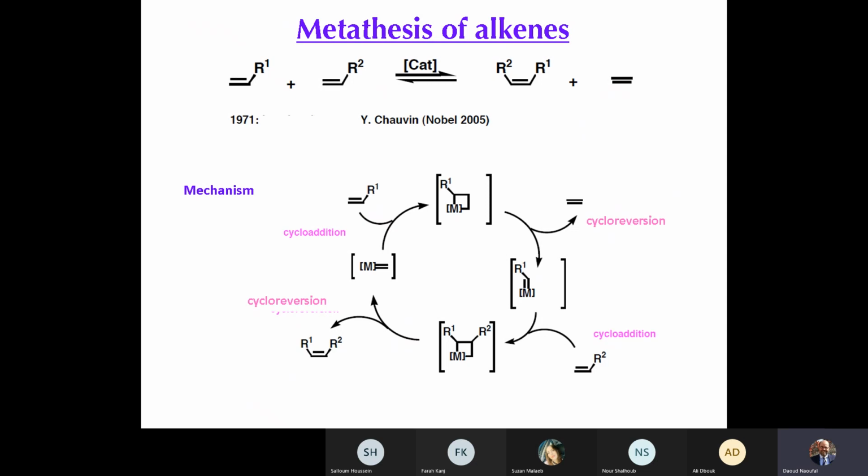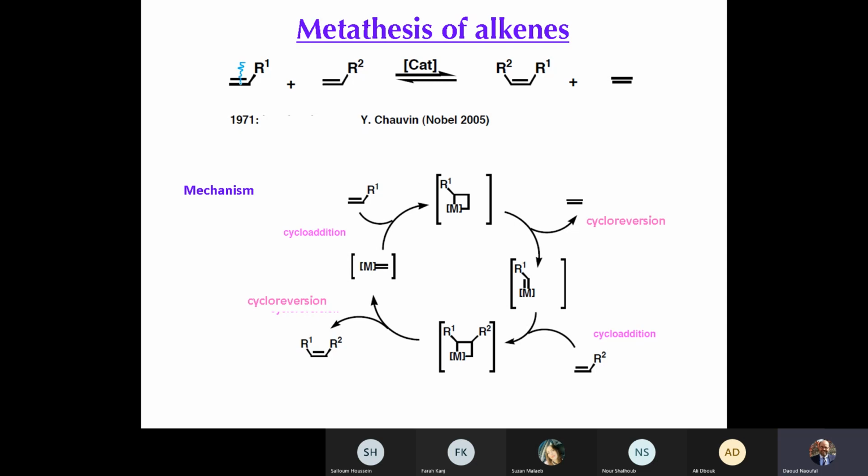I pass to the last mechanism, which is the metathesis of alkene. The metathesis of alkene is a very important reaction where we have two different alkenes, and these alkenes are combined together.